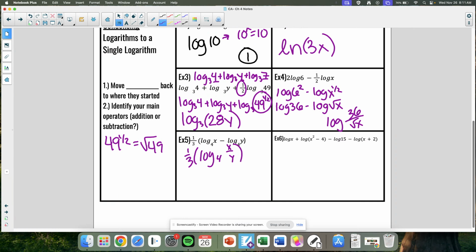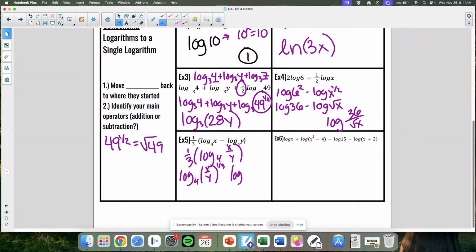What x, or that 1/3 is in front, so that 1/3 is an exponent. But do you see how it was like what's an exponent on? The x, the y, or both of them? Both of them. So there's a couple different ways you could write this. You could write it as xy to the 1/3.